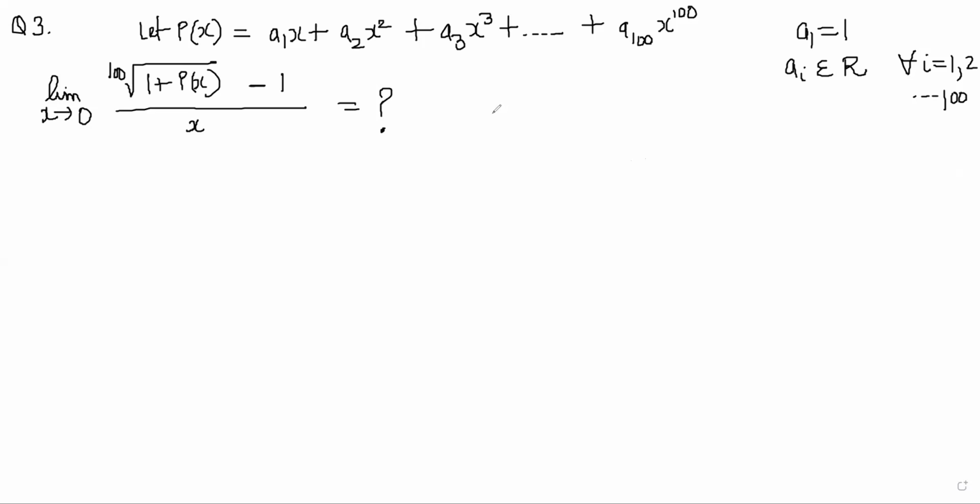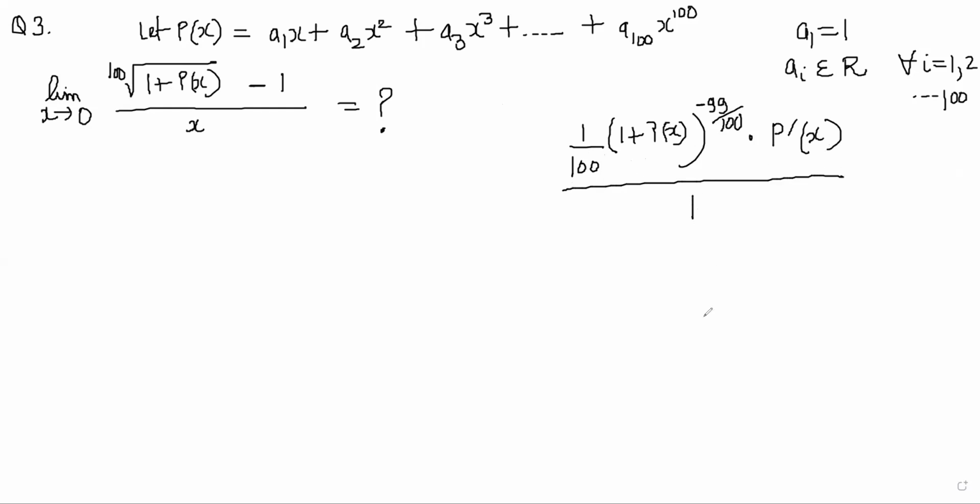So one method is fairly clear, L'Hopital's, because numerator is 0 and denominator is 0. So what you can do is 1 by 100, 1 plus p of x to the power 1 by 100 minus 1, so minus 99 by 100, multiplied by differentiation of the inside part, so p dash x, divided by 1. Now it is no longer in 0 by 0 form, so you can put the values.